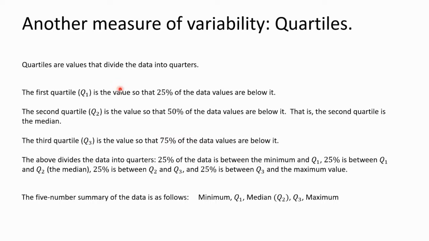The quartiles are used to break up the data into quarters. So 25% of the data is below Q1. The next 25% is between Q1 and Q2. The next 25% is between Q2 and Q3. And the remaining 25% is above Q3 and less than the maximum.